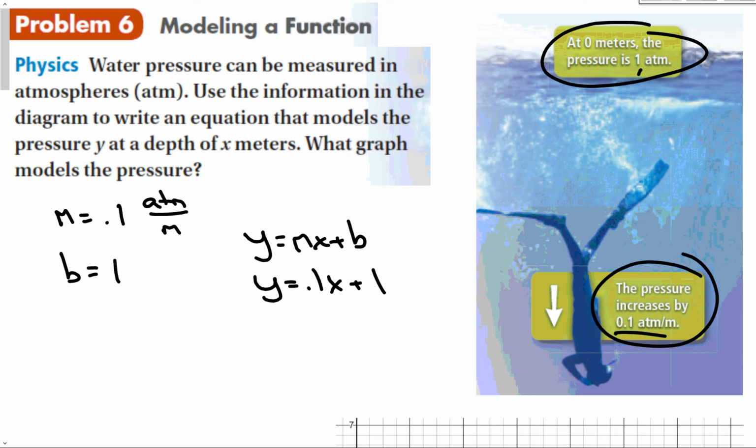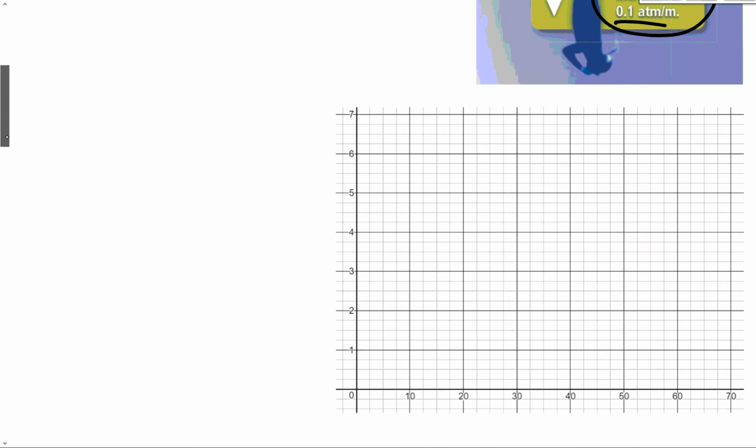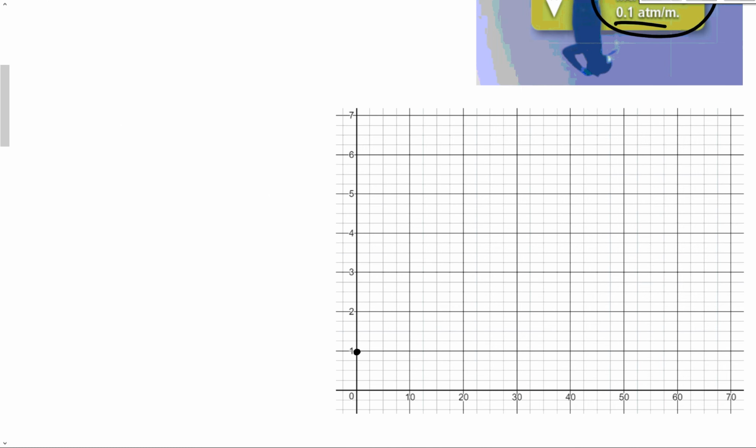Okay. To graph this, I'm going to have to start at 1 atmosphere. So I'm going to start at 1. Now this is tricky. To get the next point, I can go right 1, up 0.1, right 1 more, up 0.1.